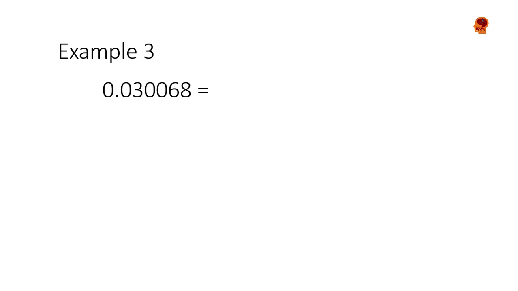Now when you have 0.030068, in that number we want to approximate or correct this number into 4 significant figures. What are we going to have? We're going to have 0.03007.